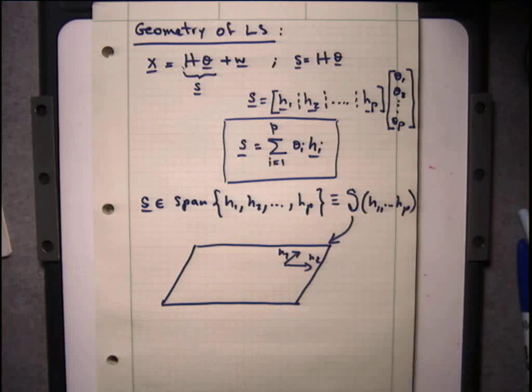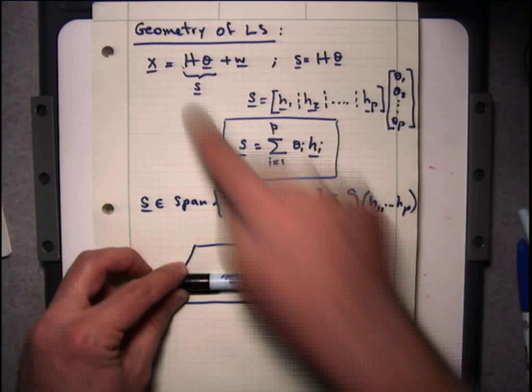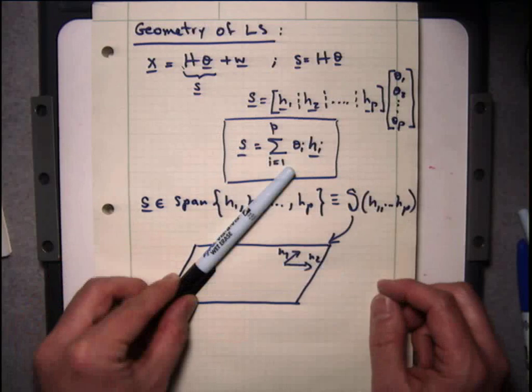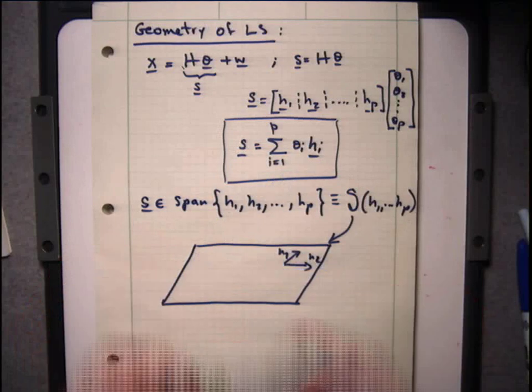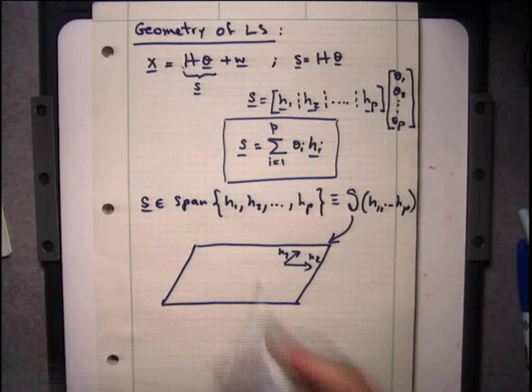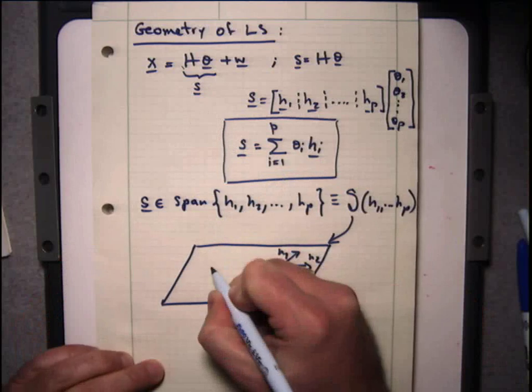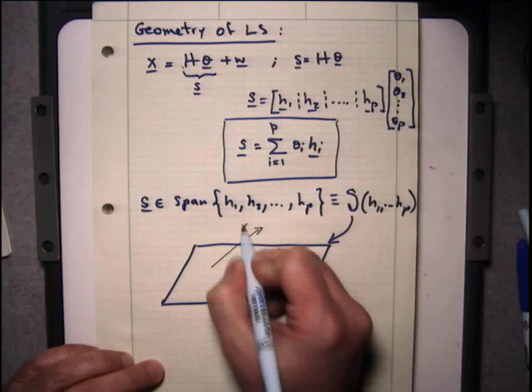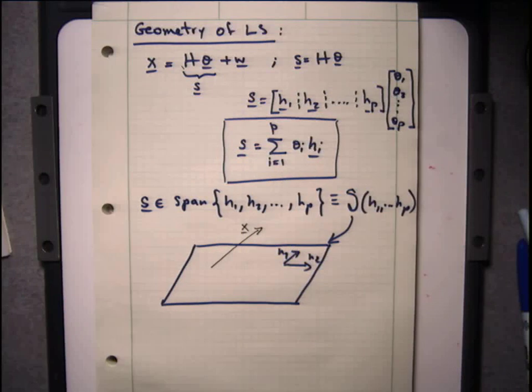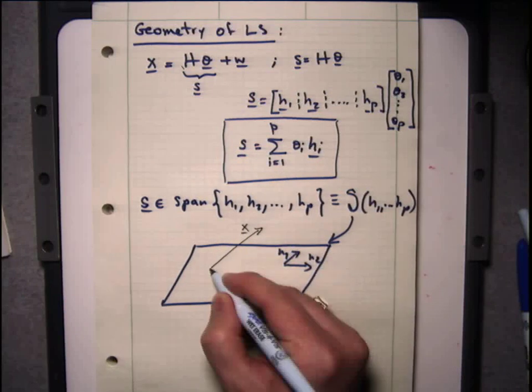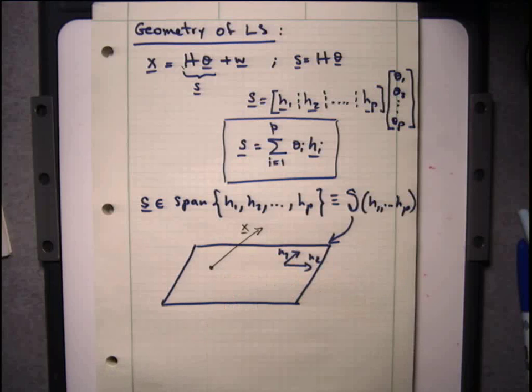So one of the things this noise is going to do is take the signal vector and pop it out of the space. So X is not necessarily sitting in the space. It might be sitting somewhere outside the space. So this might be X. And let's say, for the sake of simplicity, I center it somewhere and call it the origin.